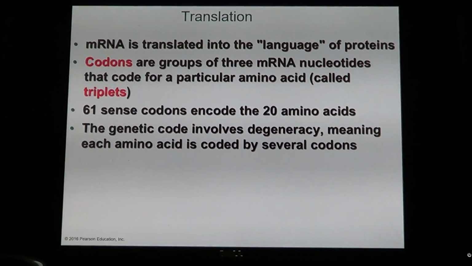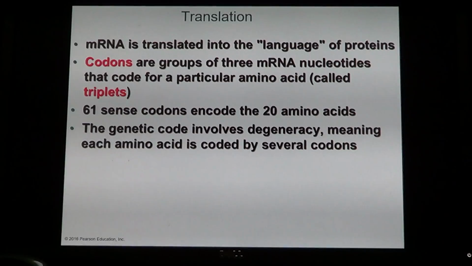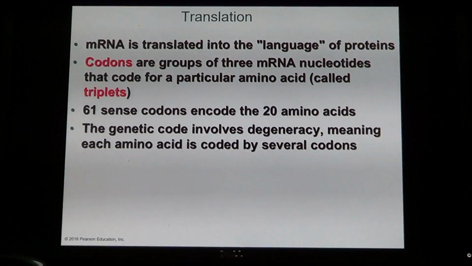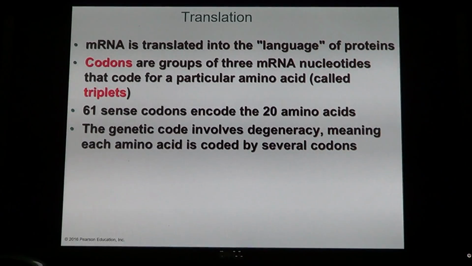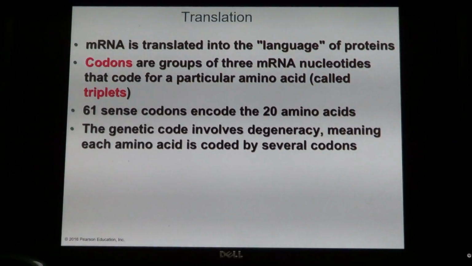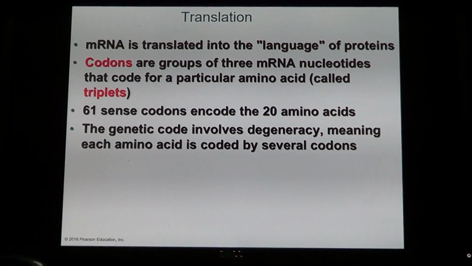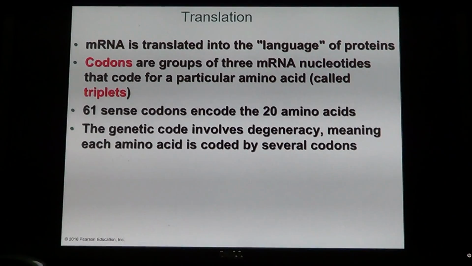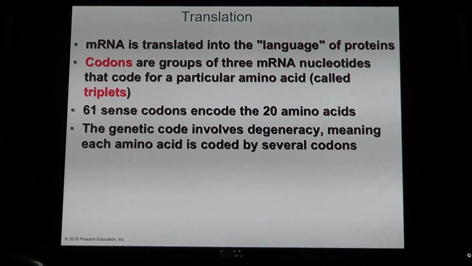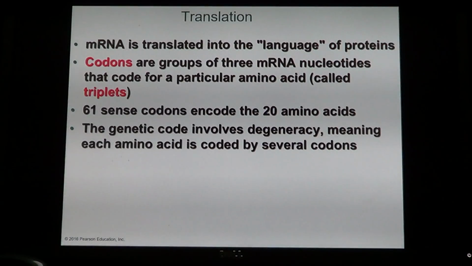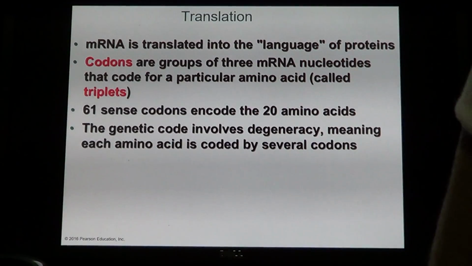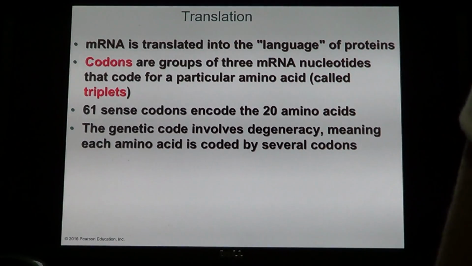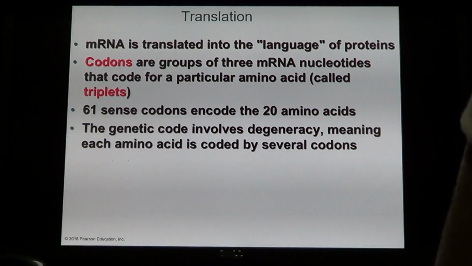We have 61 sense codons, meaning that they in fact encode for amino acids. Non-sense codons are of two types: either stop codons that stop translation, or the initiating codon, mostly accounted for methionine. 61 sense codons encode for 20 amino acids.